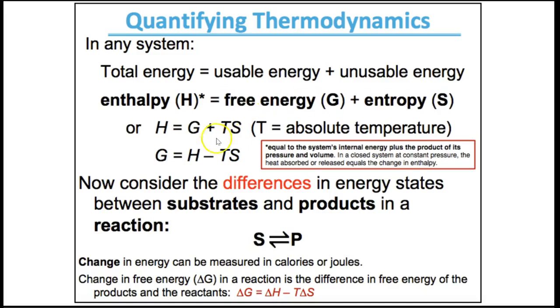A lot of times when we do the Gibbs free energy, it's in this equation where you have enthalpy minus T, for your absolute temperature, times entropy, which is your disorder. And a lot of times you'll see the change in your Gibbs free energy in this type of equation, where it equals the change in your enthalpy minus your absolute temperature times the change in entropy.